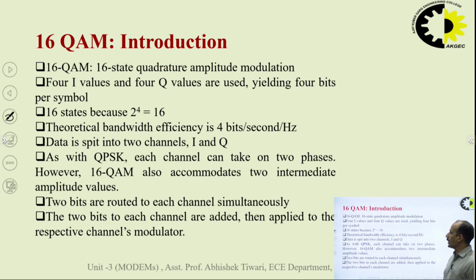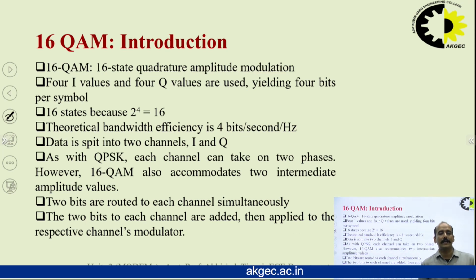So when we are concentrating on 16 QAM, these are some specifications: for 16 QAM, there are 16 states, meaning 4 in-phase values and 4 quadrature values. Then the theoretical bandwidth efficiency is 4 bits per second per hertz, and the data is split into 2 channels, I and Q, and as with QPSK, each channel can take 1 of 2 phases.